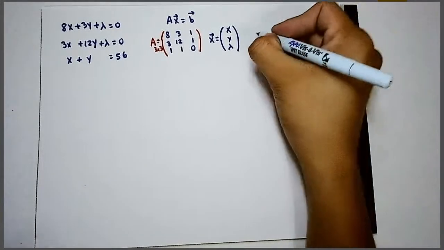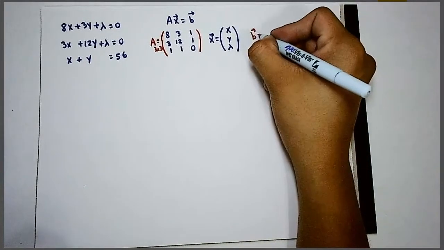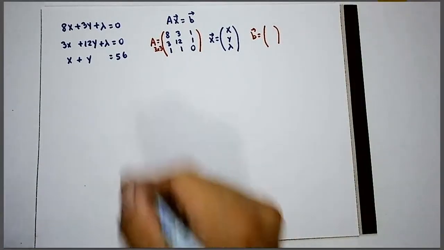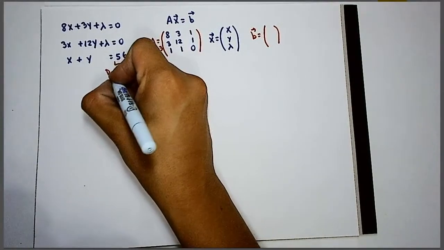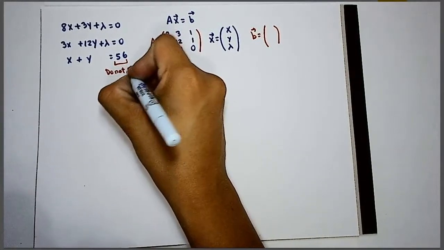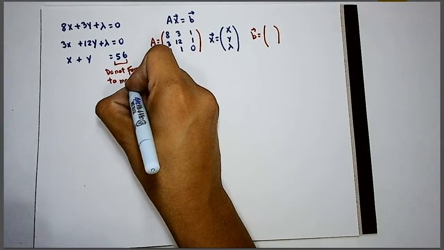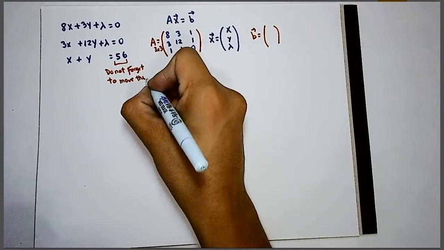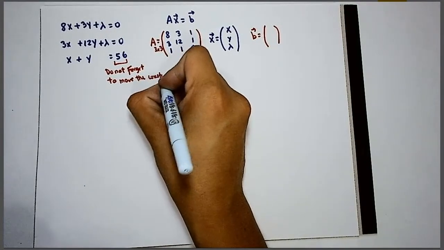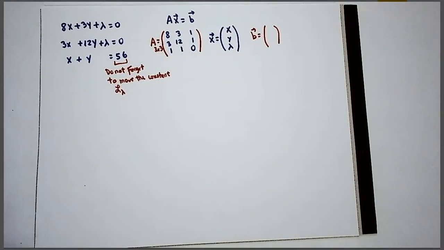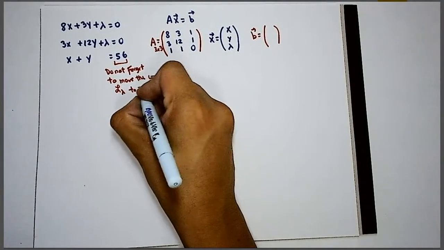And then the vector of constants. Notice something important, and you have to be very careful. Do not forget to move the constant, when you take the partial derivative with respect to lambda, to the right hand side.